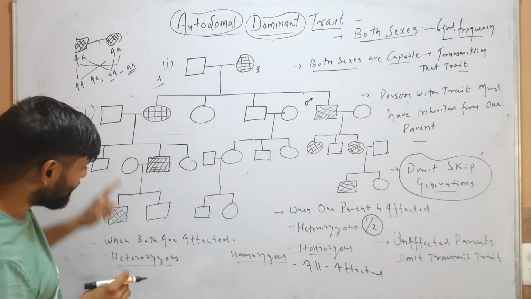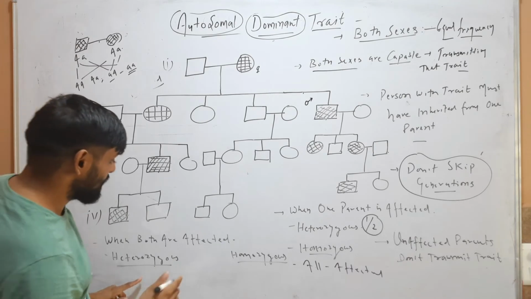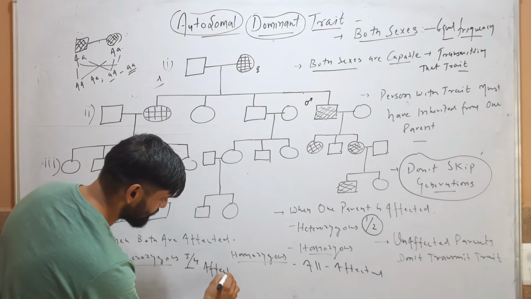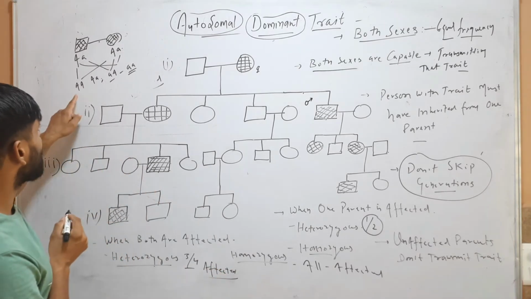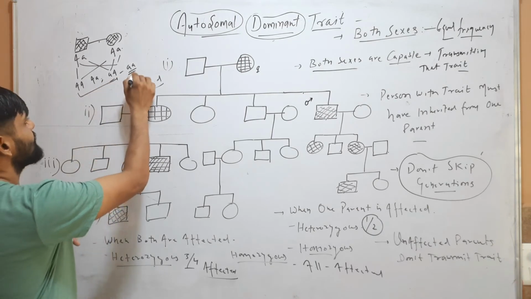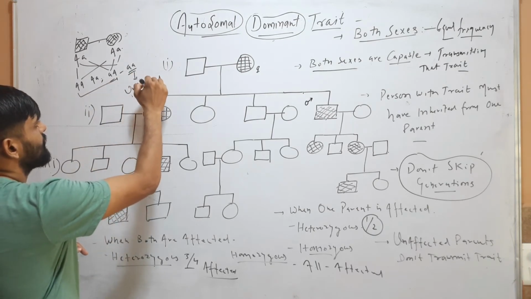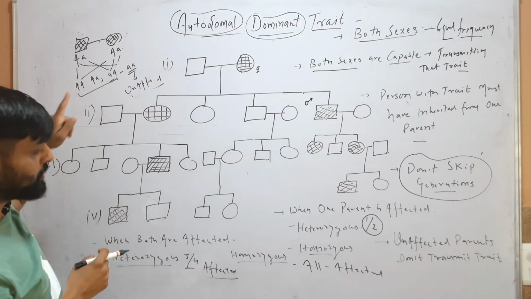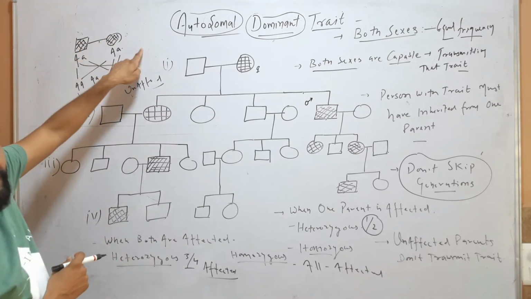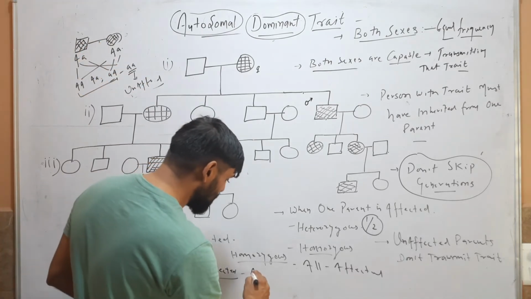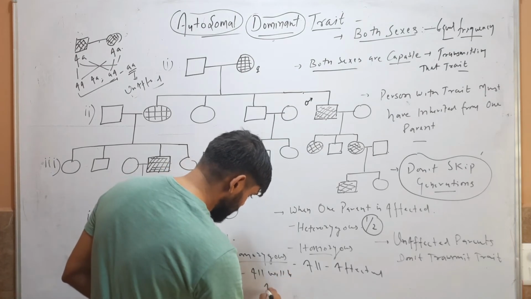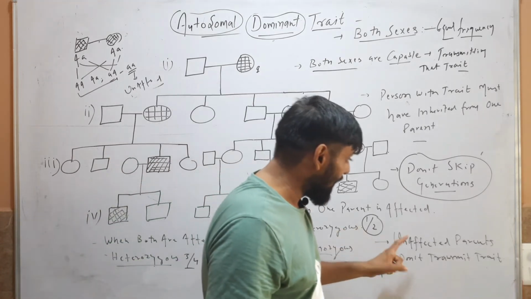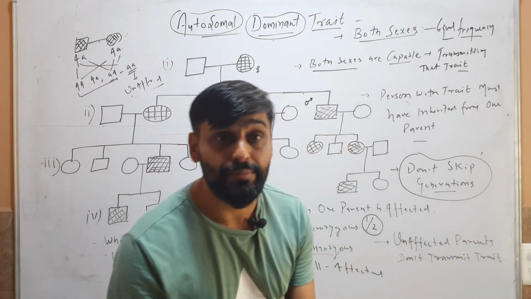If both are affected and heterozygous, then 3/4 will be affected. Here you can see that out of 4, these 3 are affected and this one is unaffected. So when both are affected and heterozygous, 3/4 of their offspring will be affected. And when both are homozygous and affected, then all will be affected.